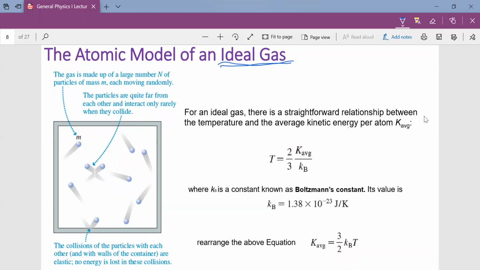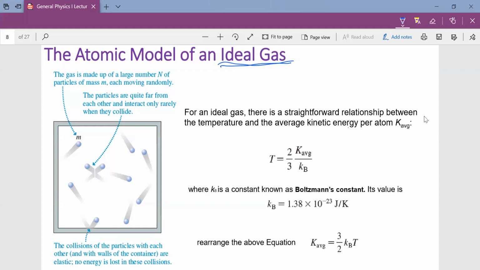When we looked at the atomic model of matter, we saw how the particles of the gas are not closely packed, they are always in random motion, they can hit each other and also hit the wall of the container, and the interaction is elastic. That system is basically what we call the ideal gas system or ideal gas model.